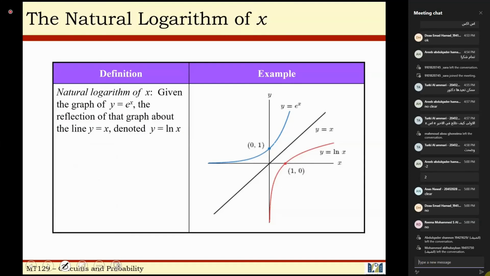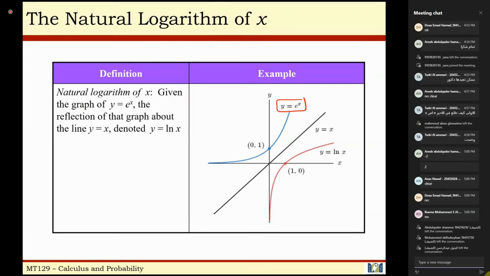Look at this. What's the relation between the logarithm function and the exponential function? Look at this exponential function, y equals e to the power x. The inverse of it is the logarithm, so y equals ln x.